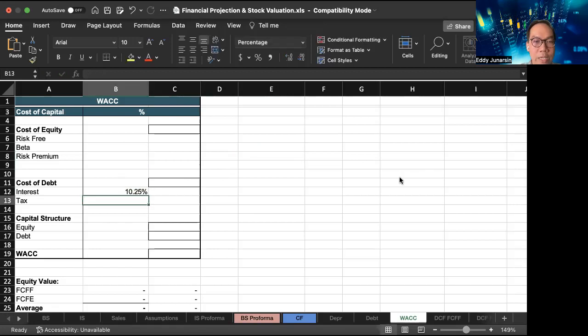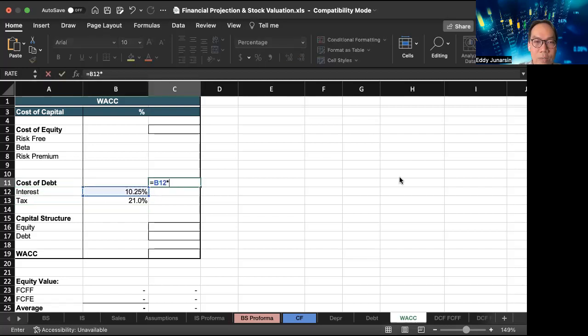Okay, tax rate 21, depending on your country. Maybe 21, 22. I'm just using 21. So the after tax cost of debt would be 10.25 cut by tax. Okay, so it's about 8.10%, right? The after tax cost of debt.